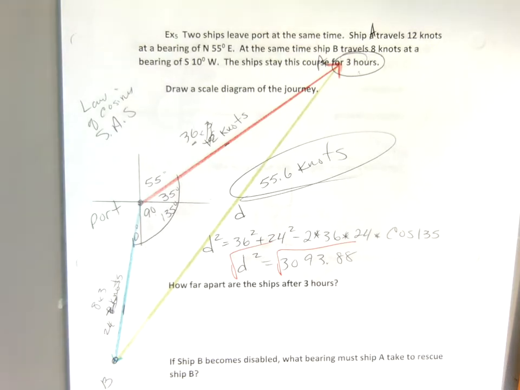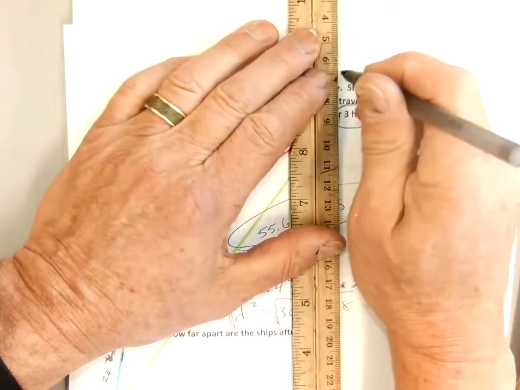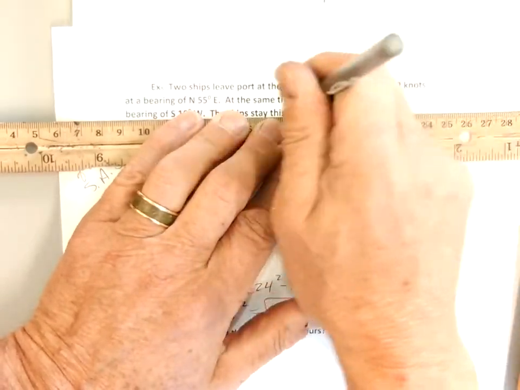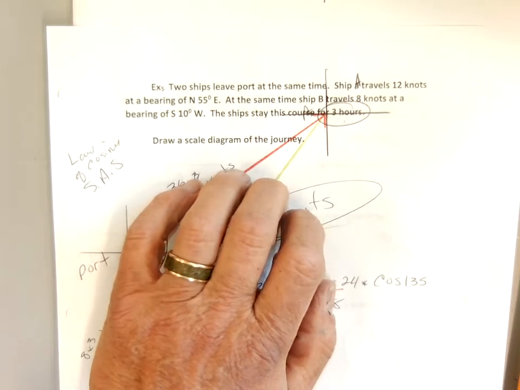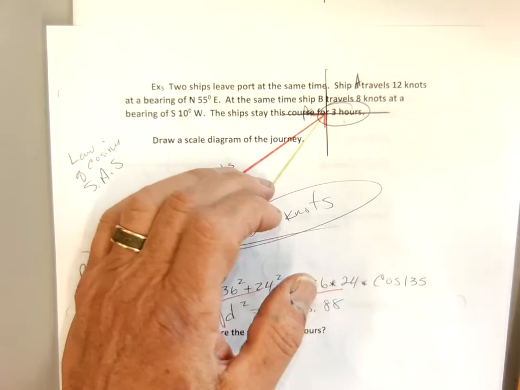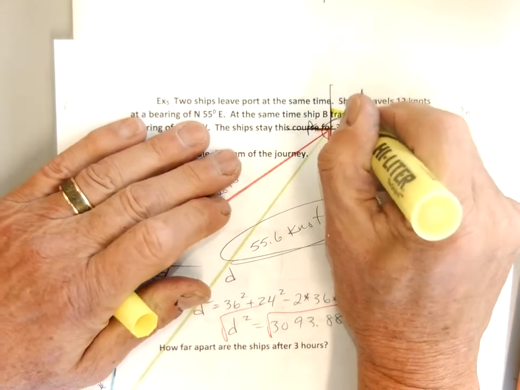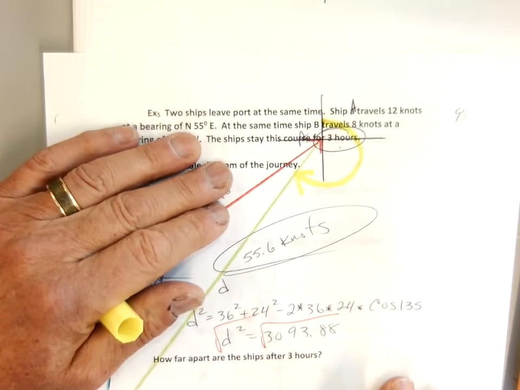So, okay, let's draw the compass rose up here. Okay. So ship A's got to take their compass and look at that angle all the way there, okay?